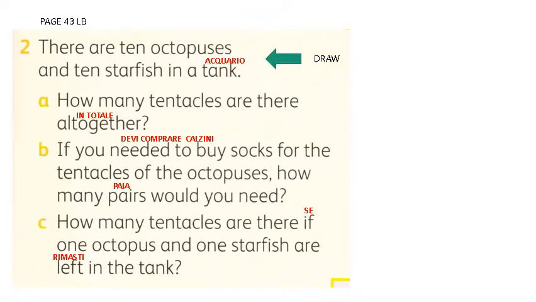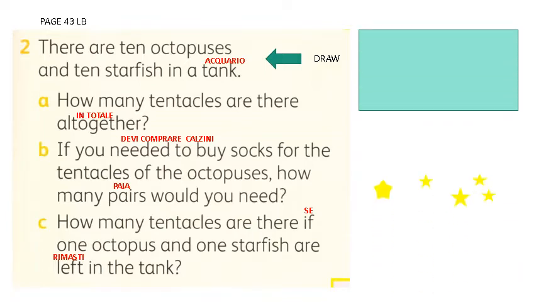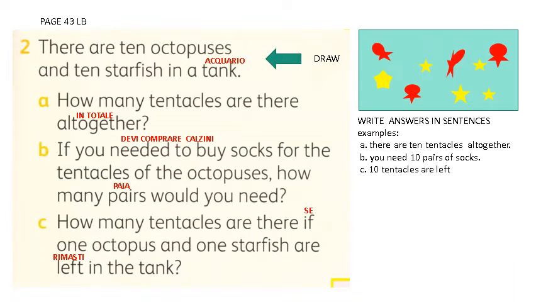Okay, so remember that you need to draw the question. So obviously a tank with starfish and octopuses inside. Remember to draw the right number. Then you have to write your answers in sentences. These are just examples.